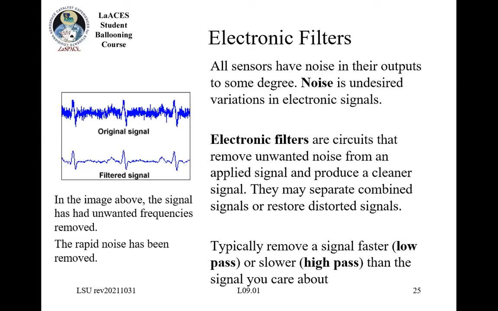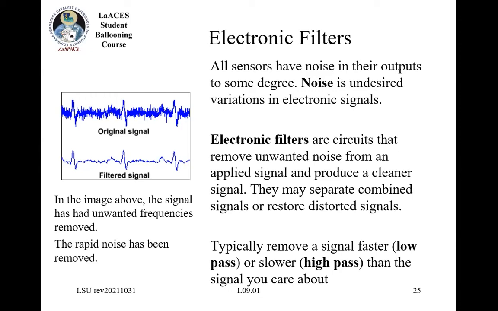But if I have a small signal that's just a little bit bigger than the random electrical noise, I need some sort of filter circuit to try and remove that random variation. A filter is just something that removes some part of the signal, usually the undesirable part, the noise, or you can try and correct for some sort of distortion.